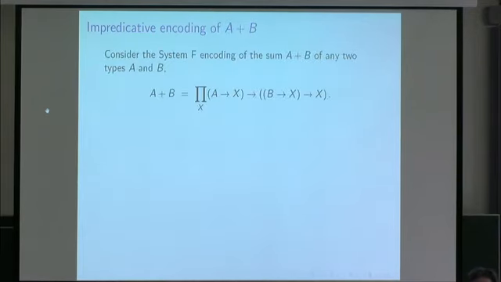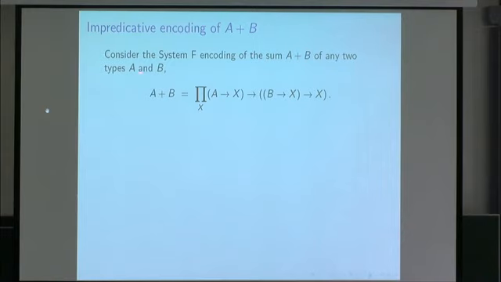So now let's look at Girard's encoding of the natural numbers in System F. Let's look at the example that I mentioned before, the sum type of A and B. So a Girard System F style encoding of A plus B would be this. Now I am going to wiggle around with the pointer a little bit, because this is fascinating when you first look at it: how on earth could that crazy business be the sum of A and B?